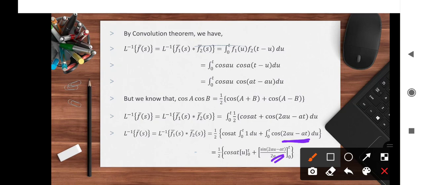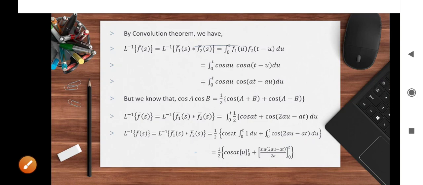So sine of (2au minus at) whole divided by 2a is the integration of cos of (2au minus at) with respect to u, and here the limits of integration are 0 to t again. Now the only part left is you have to put the upper limit and the lower limit.